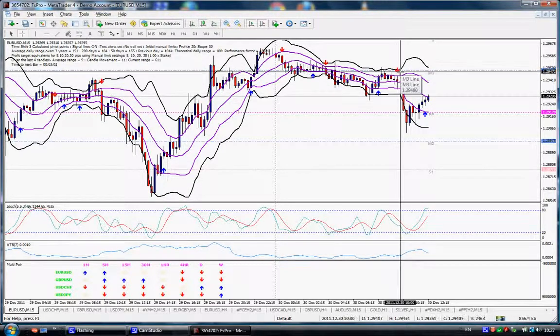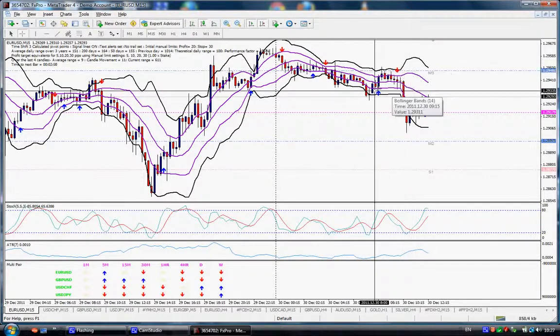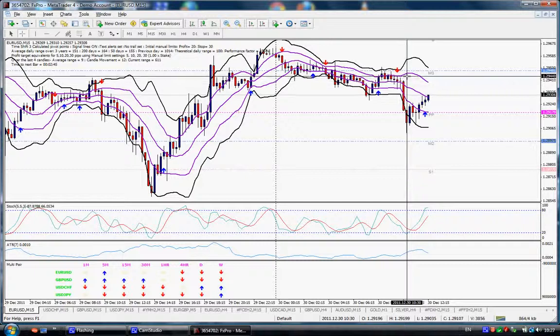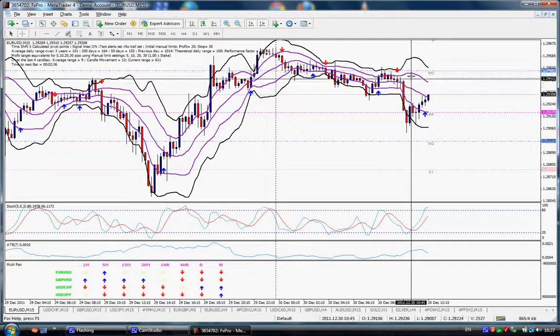So I entered a short over here, just as it broke the bottom of the body of the candle where the arrow appears. So at 29.40, I stopped just above the top of this previous bar at 29.45. So basically, it's really only a sort of 4.5 pip stop.